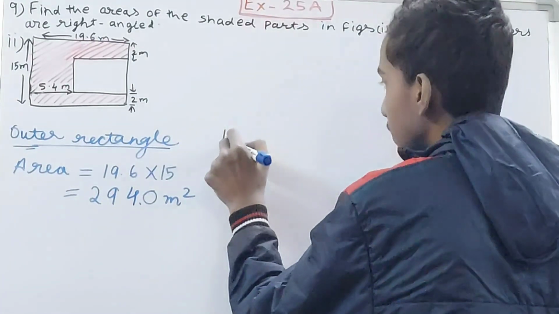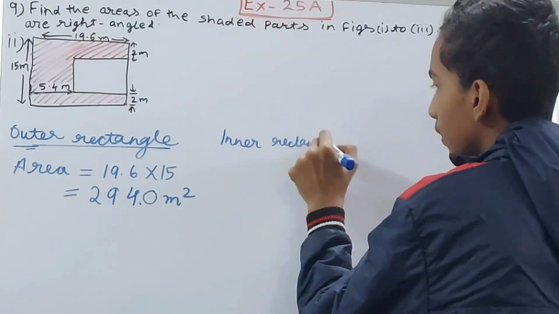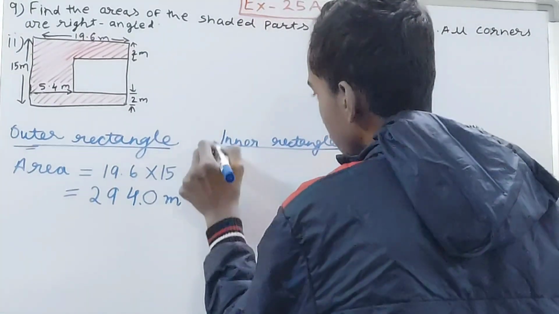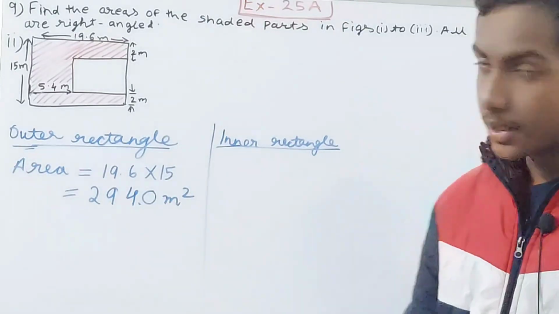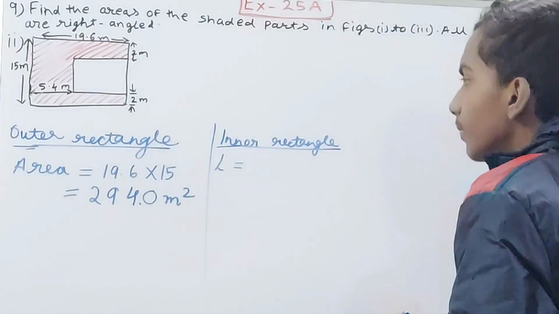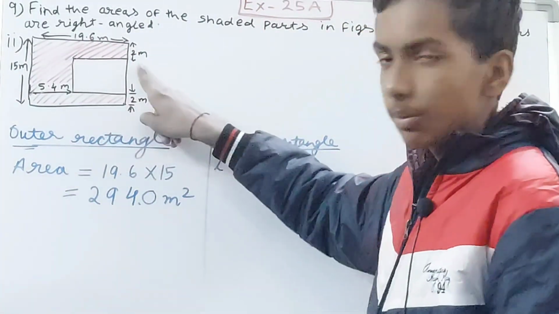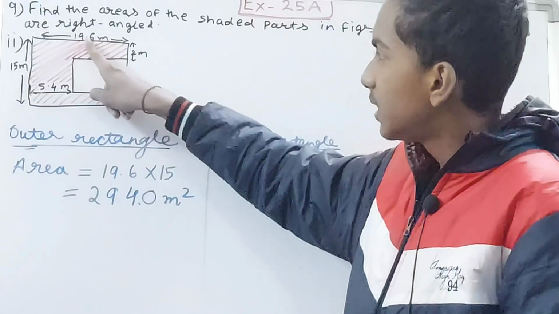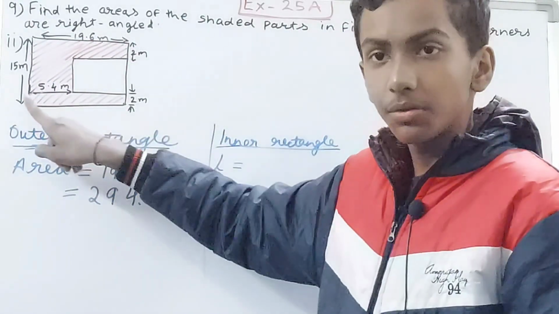Now come to the inner rectangle. We will calculate its area, but before that we need to calculate its length and breadth. You can see this much is going to be its length. 19.6 is the total length and the remaining is 5.4.